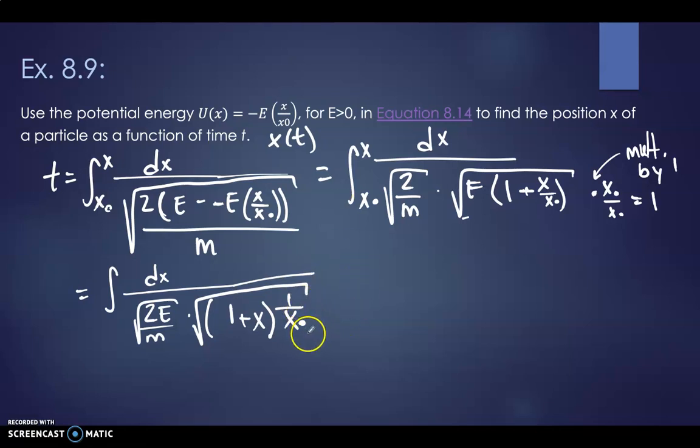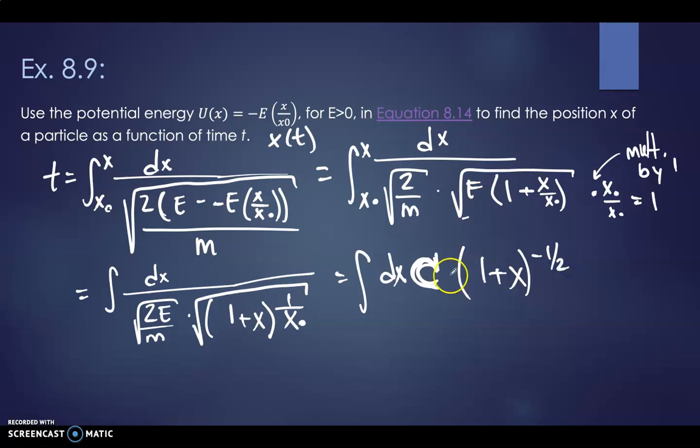Okay. X naught is just some constant, so we can pull it out with this stuff. So really what we have is the integral dx of some constant, I'm just going to put a big C there, and then 1 plus x to the minus 1/2. Okay, so this is essentially what we have.